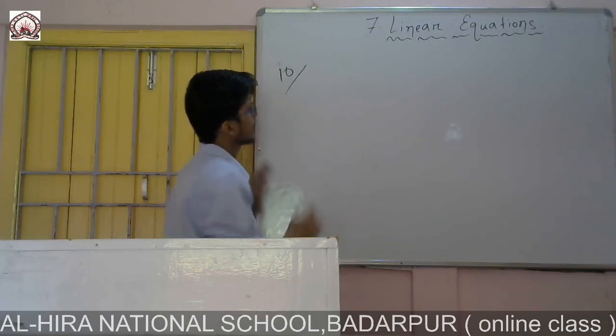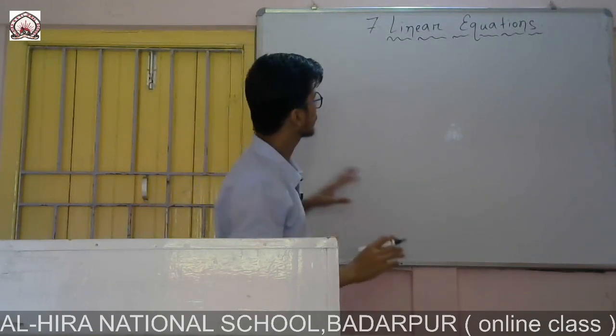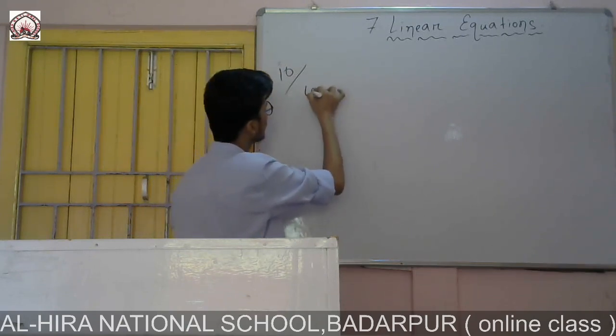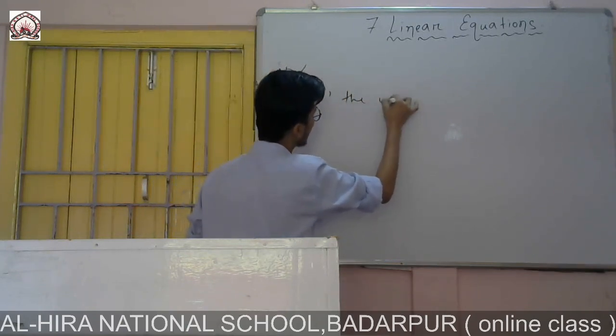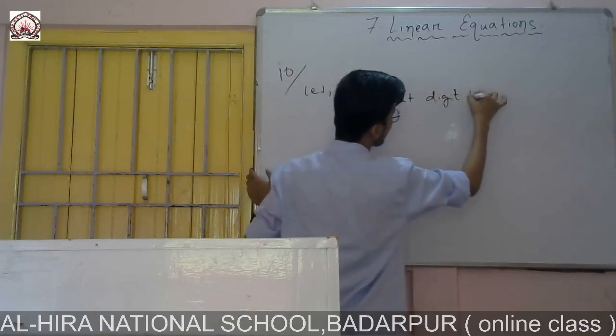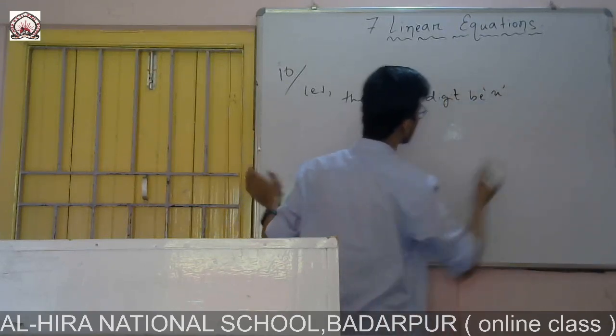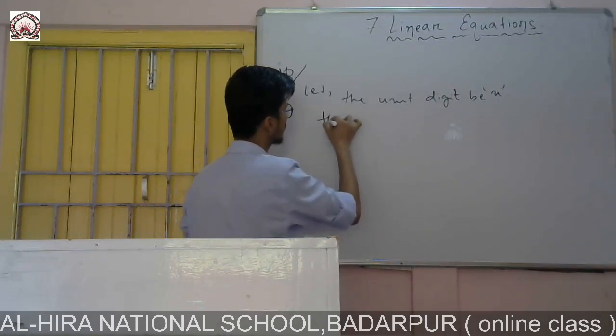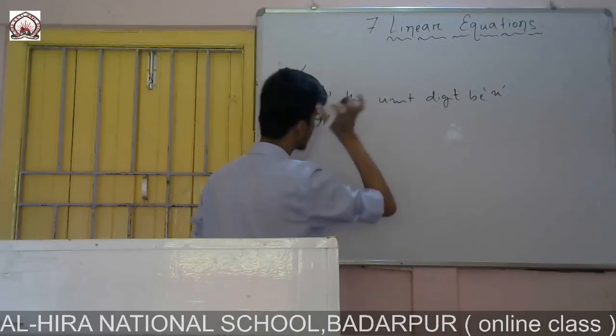Okay, for making it a little easy, first of all let me write: let the unit digit be x, then the tens digit will be 7 minus x, as it says that the sum of the digits is 7.